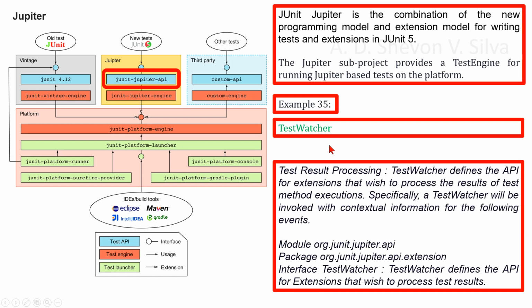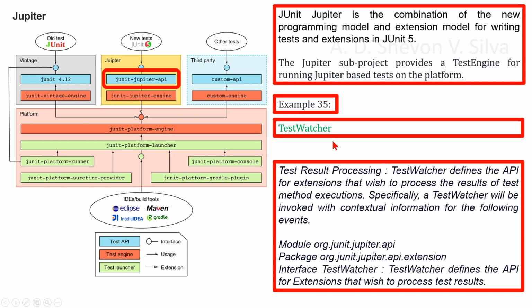Test result processing. TestWatcher defines the API for extensions that wish to process the results of test method execution. Specifically, a TestWatcher will be invoked with contextual information for the following events.